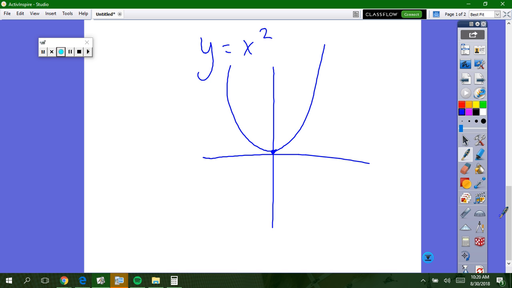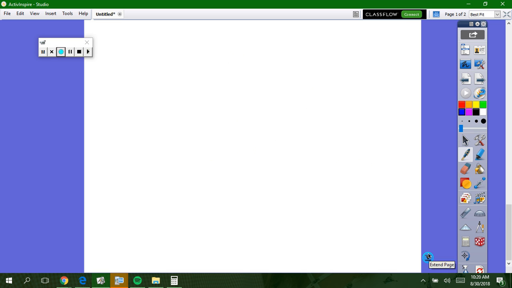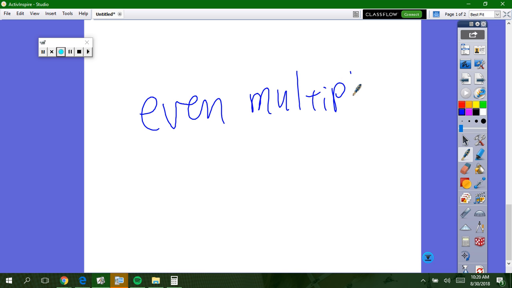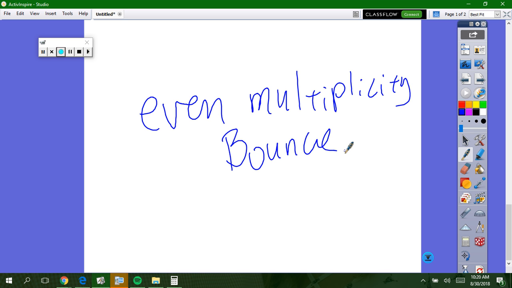If it is an even multiplicity, it will bounce. If it is an odd multiplicity, what's going to happen? It's going to cross.